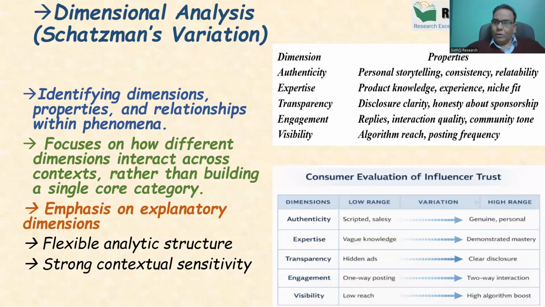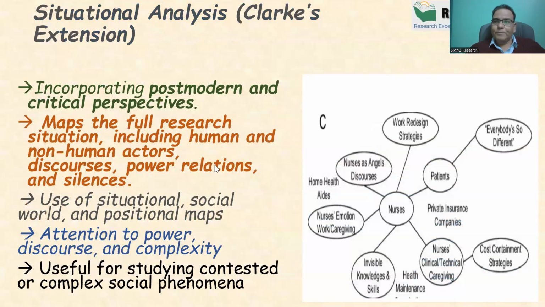So you can develop a model with the help of these dimensions, or you can also develop a scale. A scale means a questionnaire. So dimensional analysis can be used to develop a scale, or to develop a model with the help of some dimensions. So I hope you are having clarity on this.